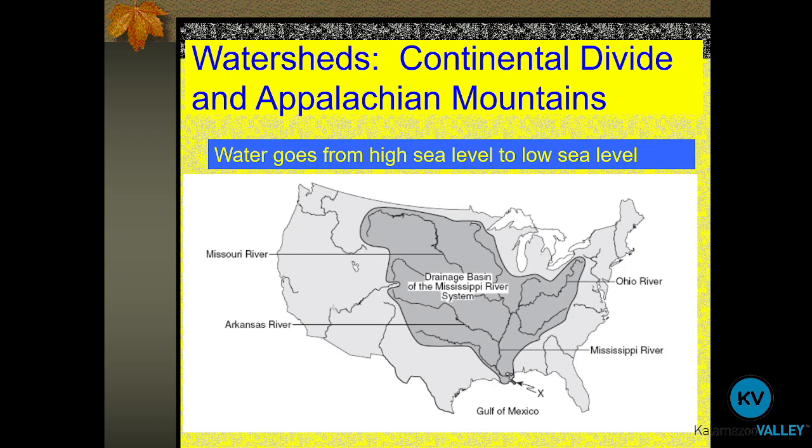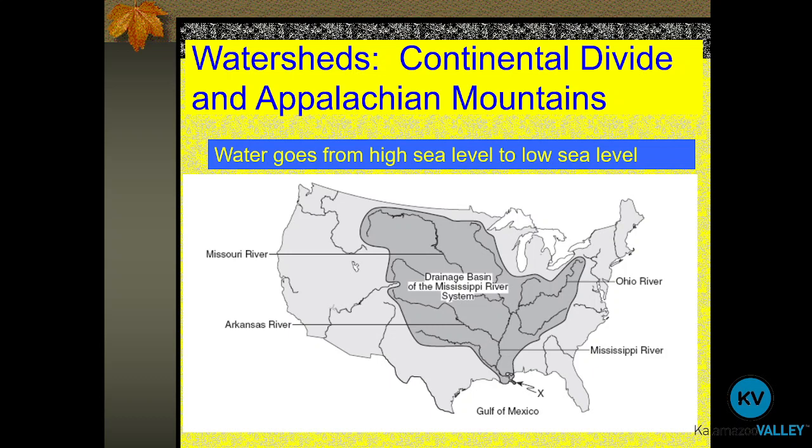You guys may have heard the word watershed before, and really what a watershed is, is a specific area where all drainage leads to the same point. So it's any encompassing area with a common drainage point. Now we can have sub-watersheds and smaller watersheds that we use for drinking water purposes, but we also have our major watersheds, such as the drainage basin of the Mississippi River.